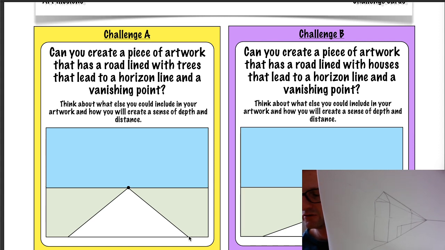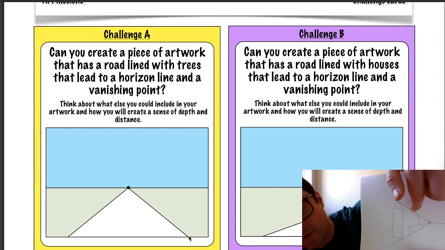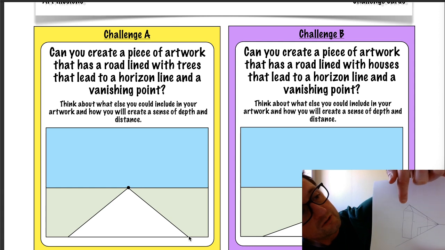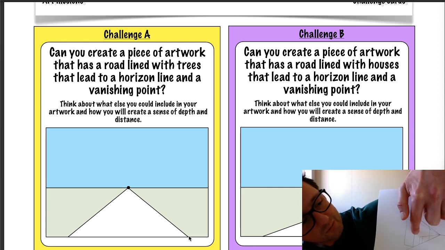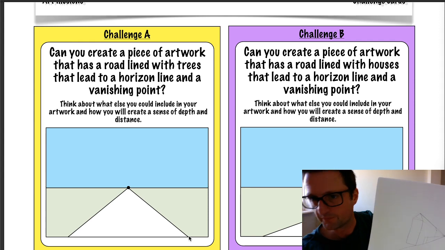And then I've used the construction lines there diagonally, going up and above the horizon to find the edge of the roof vanishing off into the distance, and to find the top of the door there as well. And so the door appears to vanish off into the distance as well.